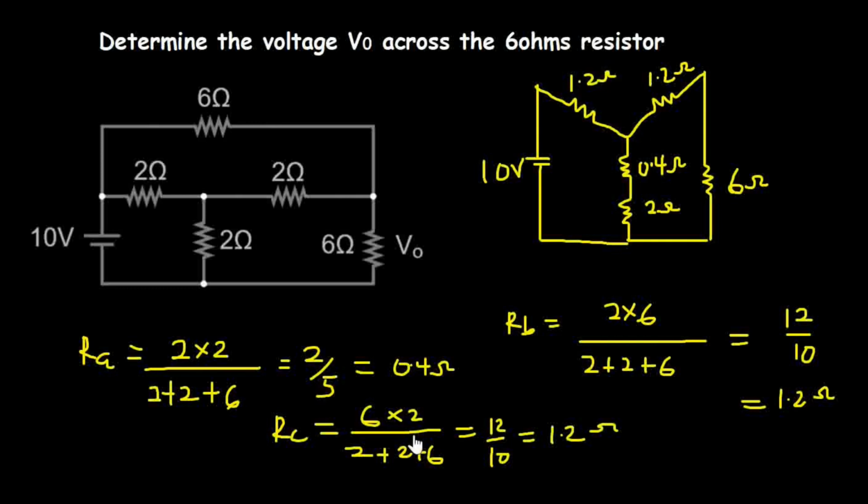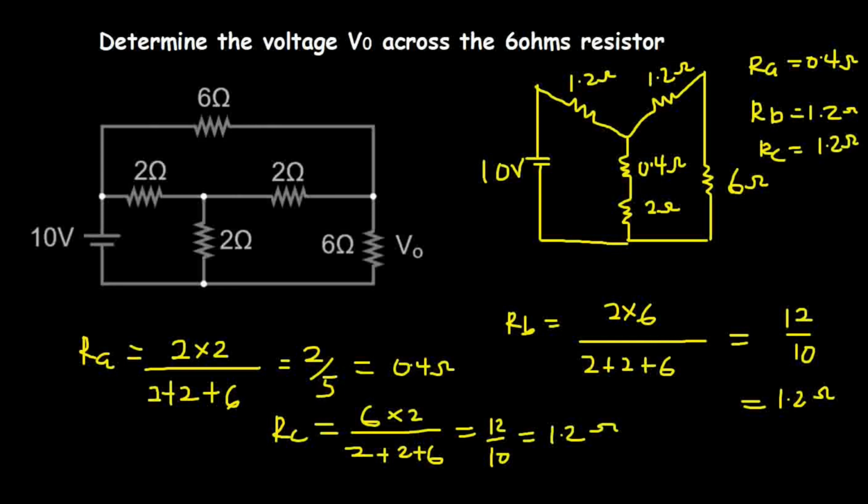So this will be the circuit now. Now let's write down the values. We know RA to be equal to 0.4 ohms, RB to be equal to 1.2 ohms, and RC to also be equal to 1.2 ohms.